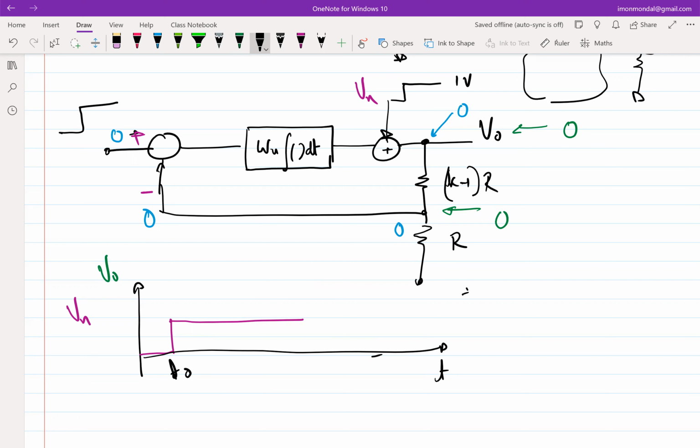let's go the other way around and go from infinity backwards, right? We understood that at time t equals infinity, the output will go to 0. So if at time t equals infinity the output goes to 0, comment on this voltage.